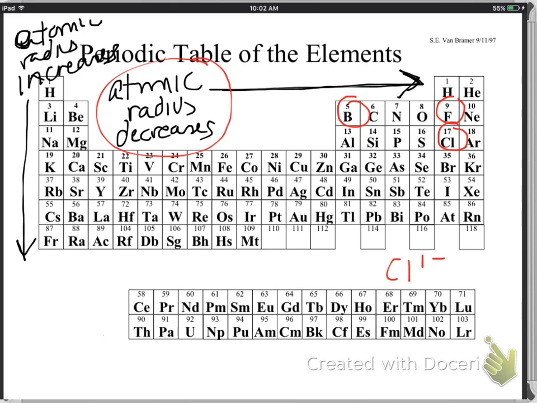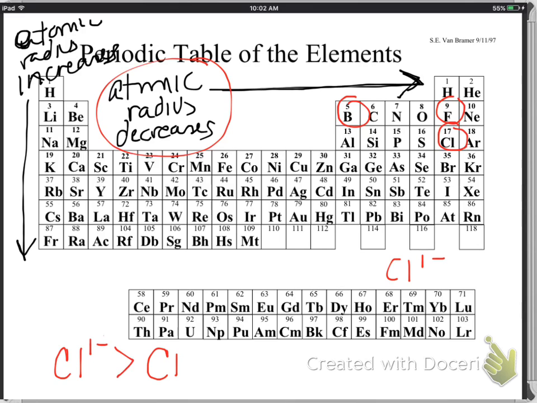Okay, this was the hardest question on the quiz. So, when we're comparing these 4 things, it's really helpful to look at them in pairs. So let's first look at the chloride ion, Cl1-, and a chlorine atom, neutral atom of chlorine. Which one has a larger atomic radius? Well, we know that when we form a negative ion, the radius increases.